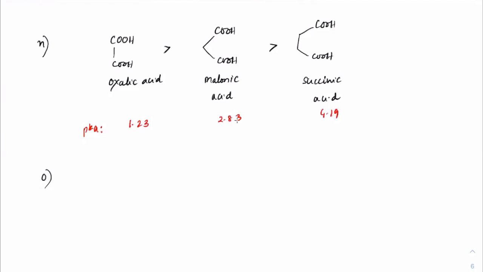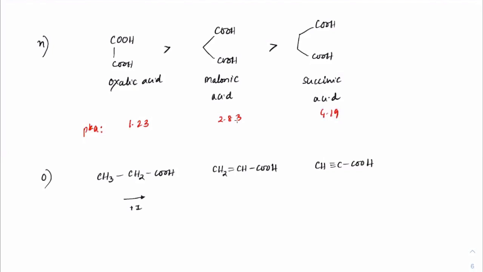Next, in case we have any double bond or triple bond group present and we compare that with alkyl, like CH2=CH-COOH and CH≡C-COOH. If I compare these, here you can see the alkyl is giving plus I effect, correct?